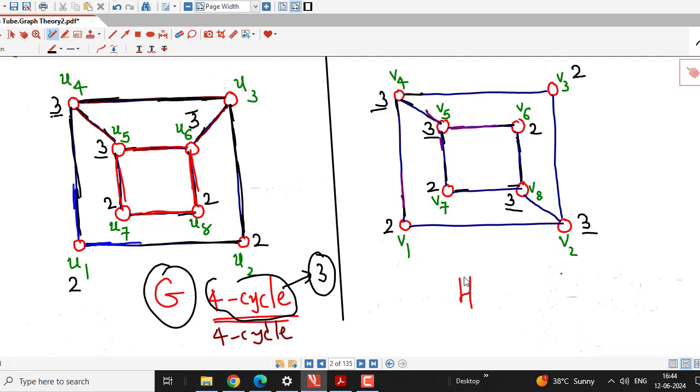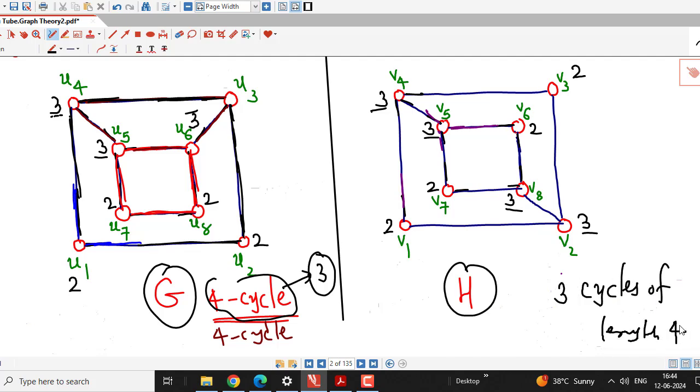Now if G and H are isomorphic, we must have 3 cycles of length 4 in graph H also, and we assume that all these cycles are simple, that is, all the edges in the cycle are distinct.